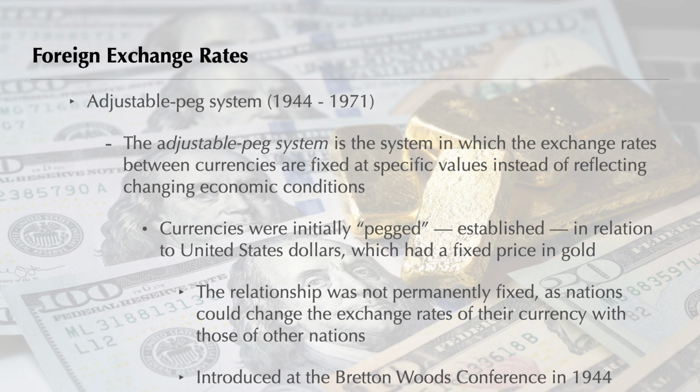Adjustable peg exchange rates were introduced at the Bretton Woods Conference in 1944. At that conference, 44 allied nations agreed that each nation should define its currency in terms of US dollars, with an ounce of gold worth $35. Once set, these rates established base rates with all other currencies. Further, with this exchange rate system, each nation agreed to keep its currency stable in relation to other countries' currencies.